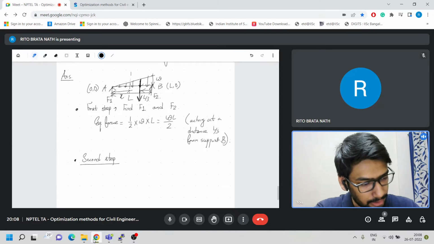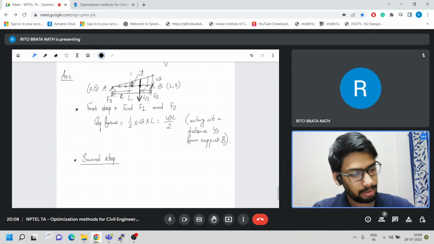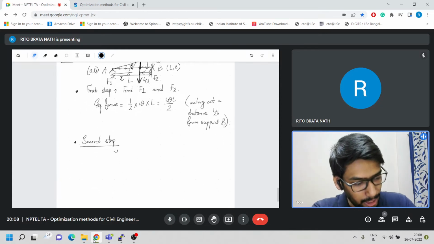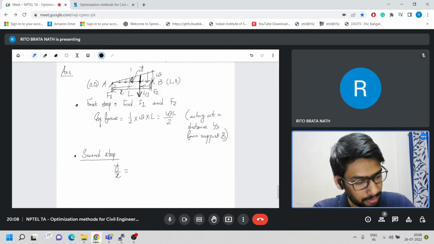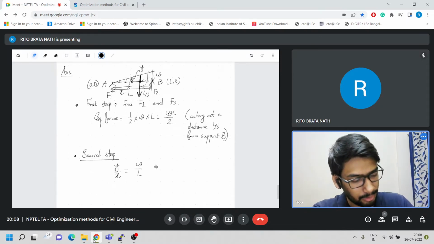And let me just name this height as y here. So y by x, from the properties of triangle, equals W by L, and your y is nothing but Wx by L.